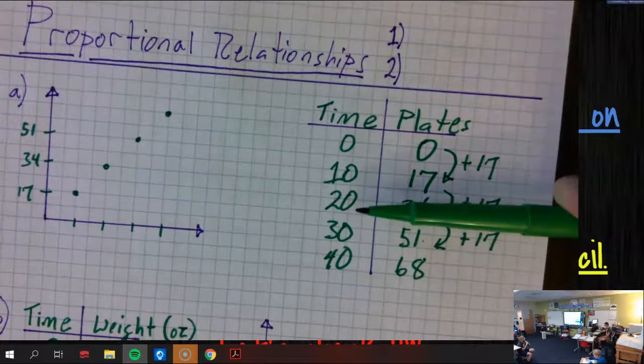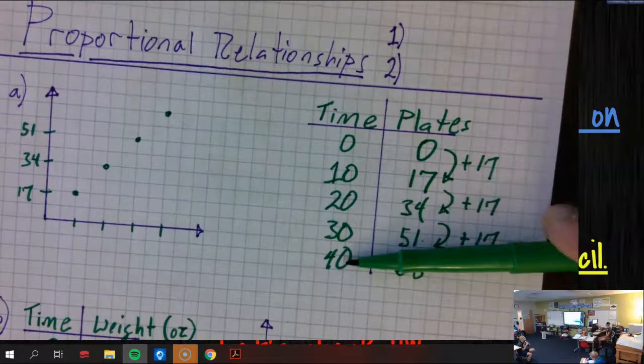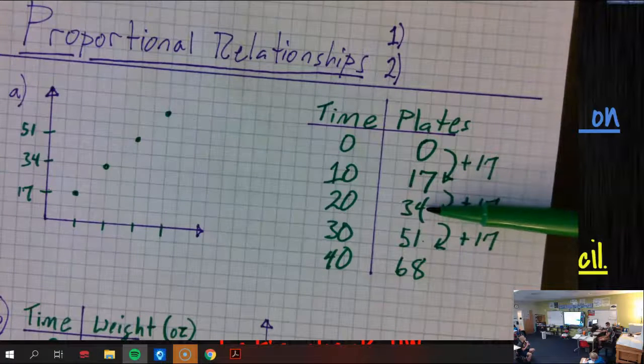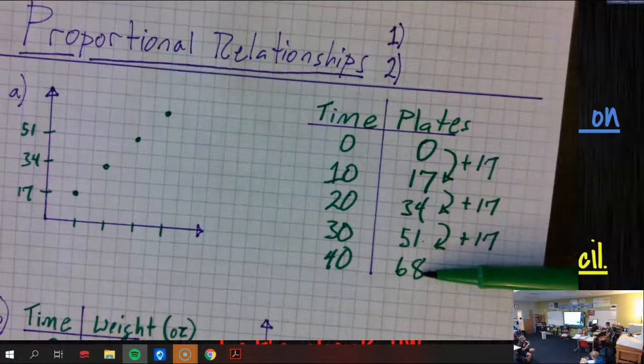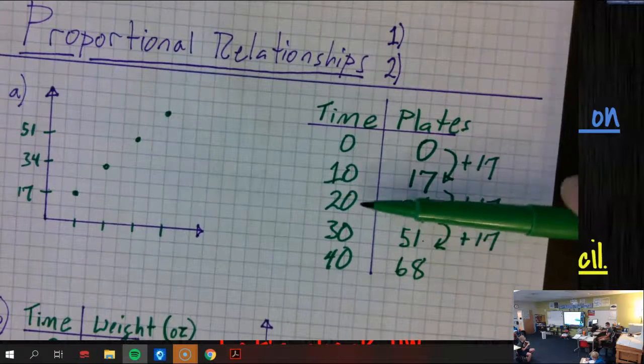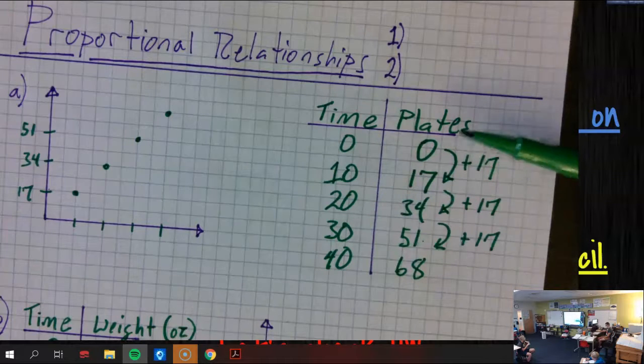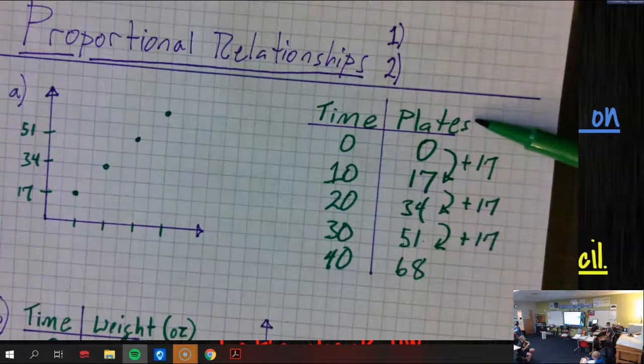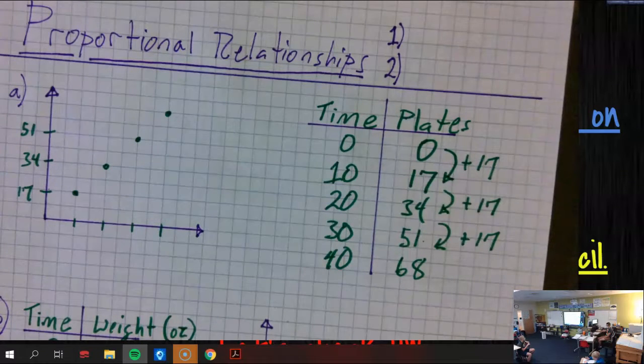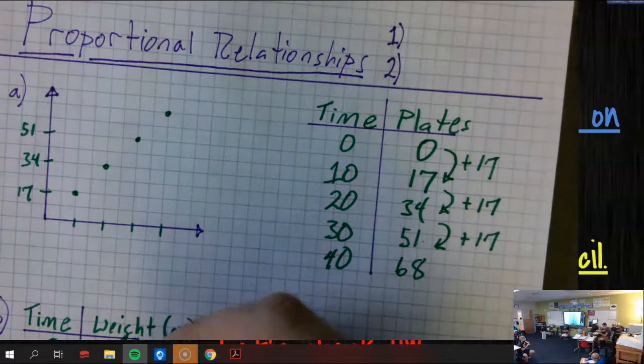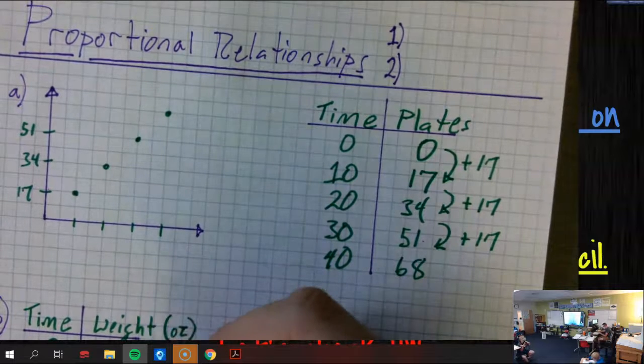No. But from 20 to 40? Yeah. So from 34 to 68? Yeah. So the only way that our number of dishes is doubling is if our time doubles. Down here, our puppy's gaining 14 every 10 days, so we should be adding 14, not doubling.